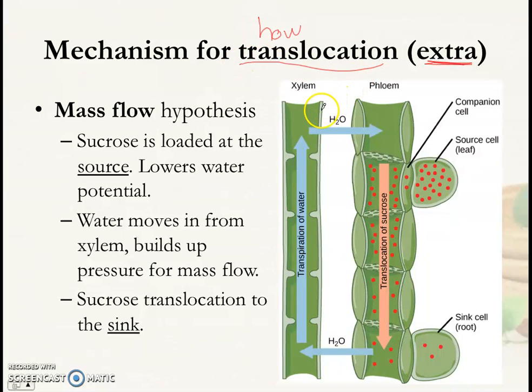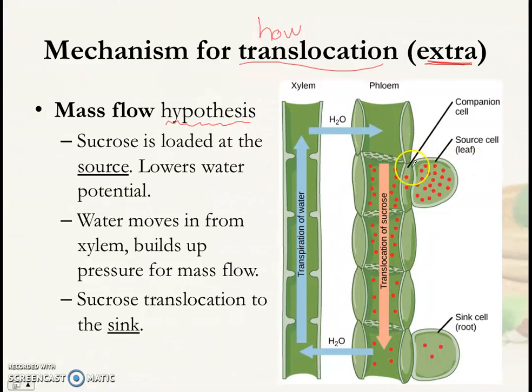But it's important to point out that this is only a hypothesis. Scientists have come up with this mass flow hypothesis to explain how sucrose, how sugars, are moved through the phloem. Importantly, it's not been proven conclusively, but there is evidence that suggests it. And this is what they think happens.